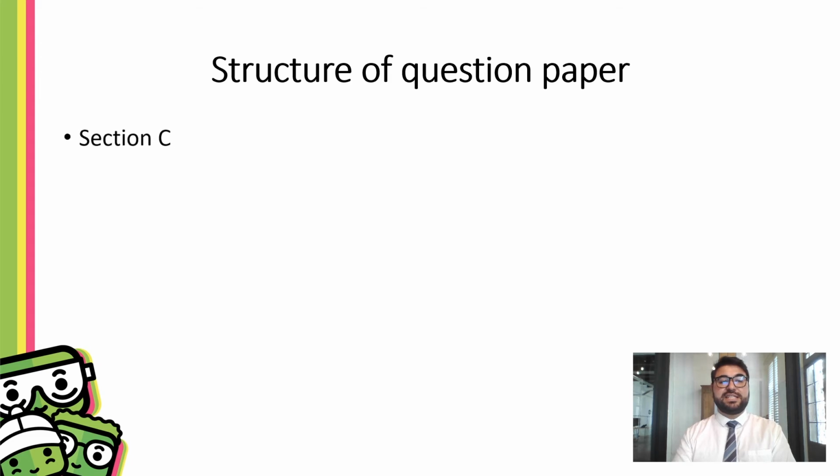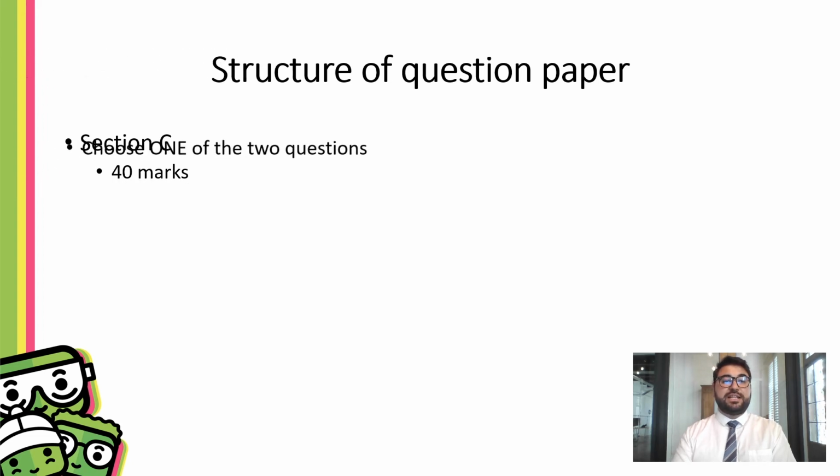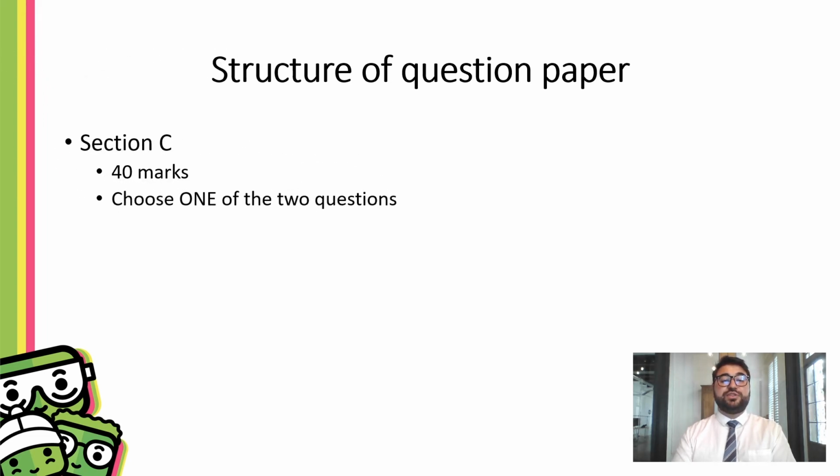With Section C, again working the same as with Paper 1, it's a 40-mark question where you're going to need to choose one of the 2 questions, and this is Question 5 that consists of Module 2, and then Question 6 that consists of Module 4.